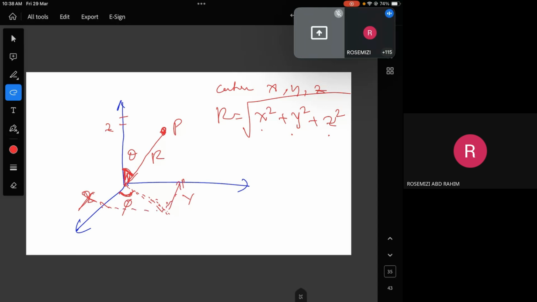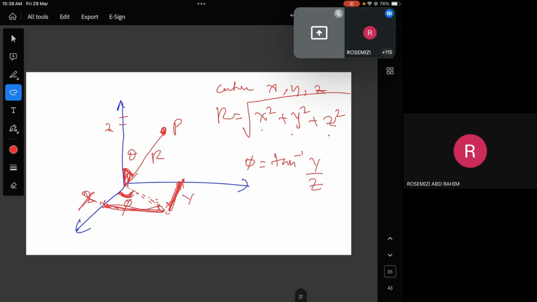This distance is y, this distance is x. So phi will be equal to inverse tangent y over x. Okay, this y, this one is x. So phi is inverse tangent of y over x.